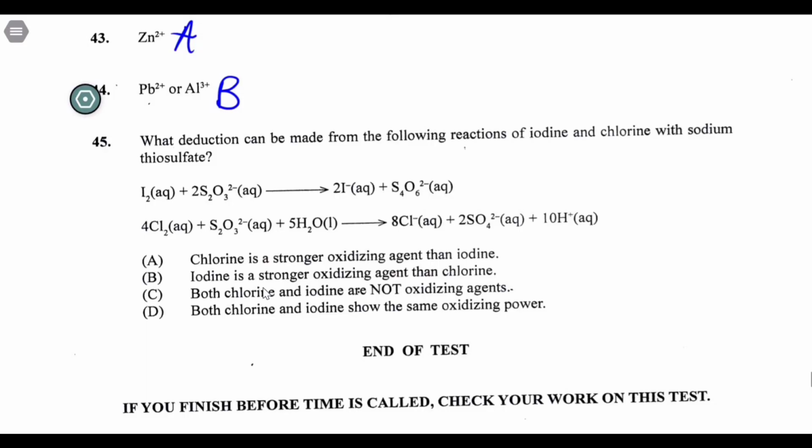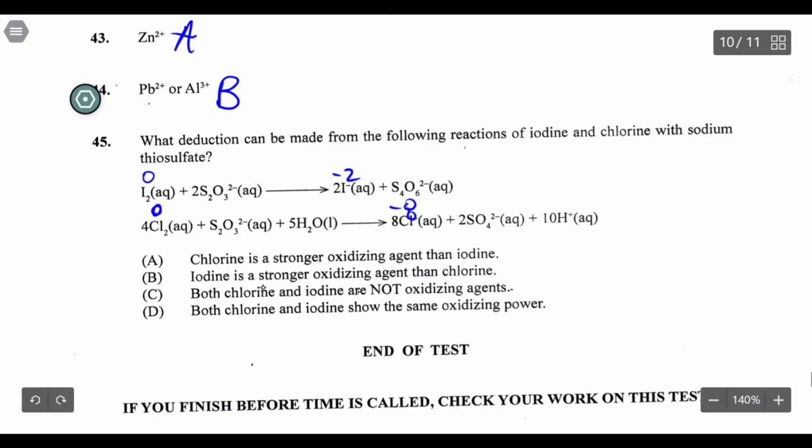So what deduction can be made from the following reactions of iodine and chlorine with sodium thiosulfate? Now, based on the reactions, we can see that iodine here was reduced to I-, alright, and chlorine here was also reduced.